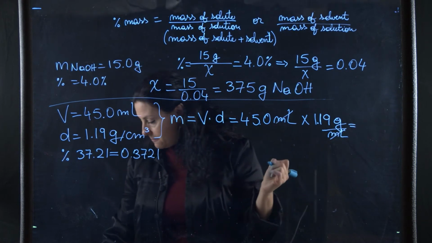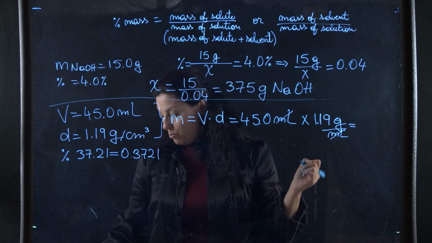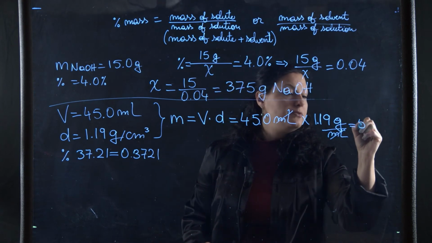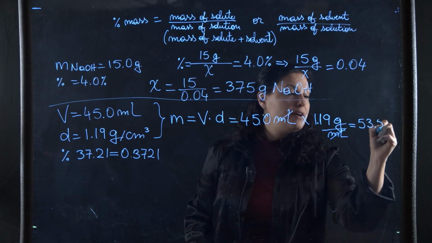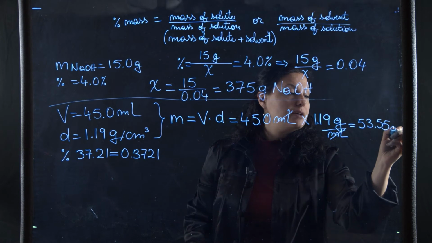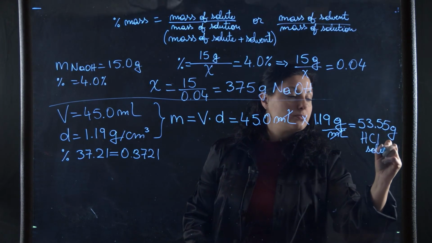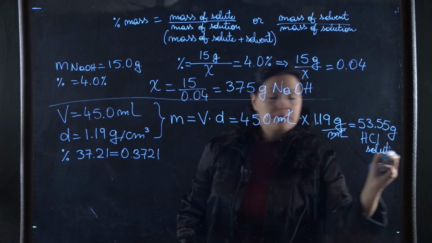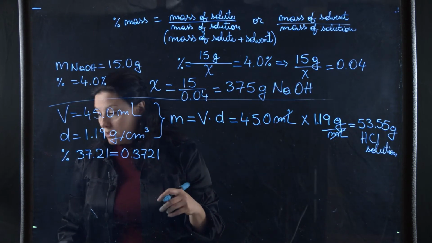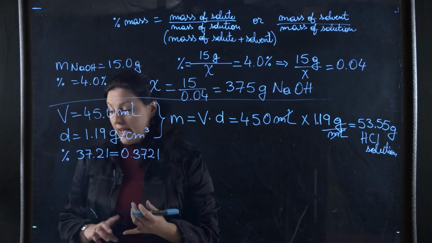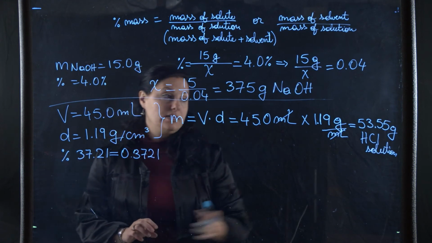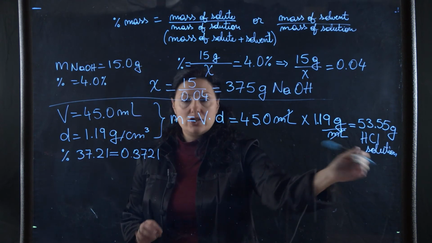This gives me 53.55 grams. And this is of my HCl solution, because it tells me that it's an aqueous solution that has that volume and that density. So this is the mass of my solution that I just found.